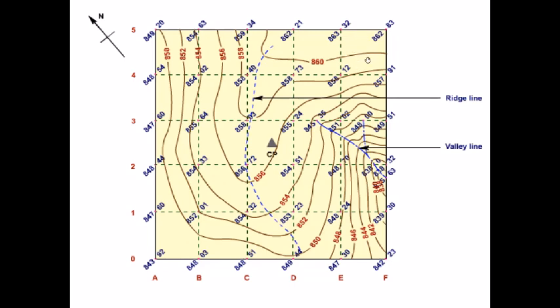So this is basically an area on the land, and you're looking at it from the top, and the north is in that direction. So the highest contour is over here, 860. That means that the land is steepest in this area. Then the steepness keeps on decreasing as you move down. And another distinguishing feature on the map is this line over here.